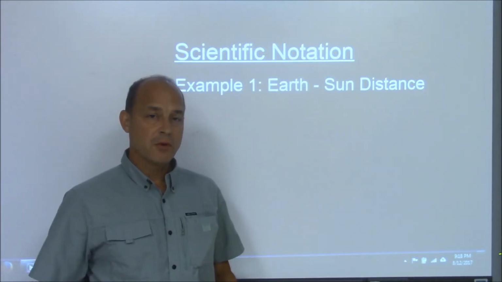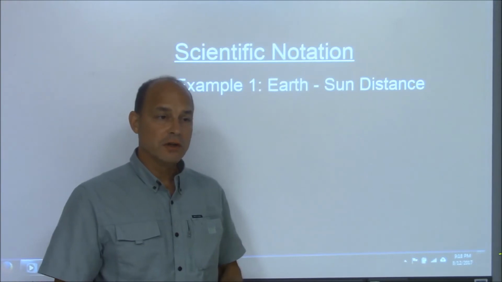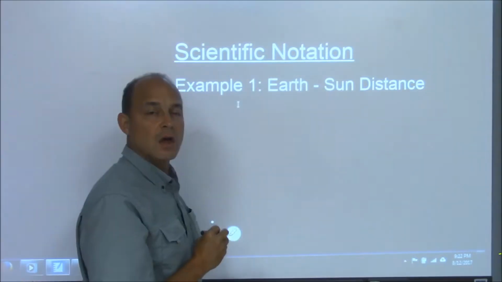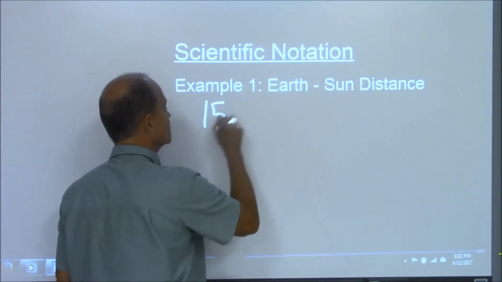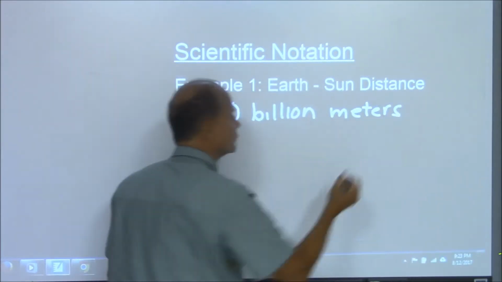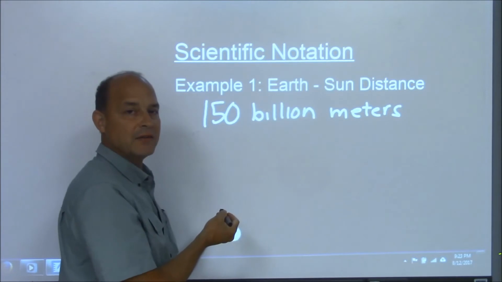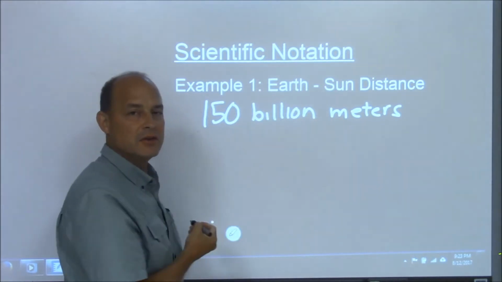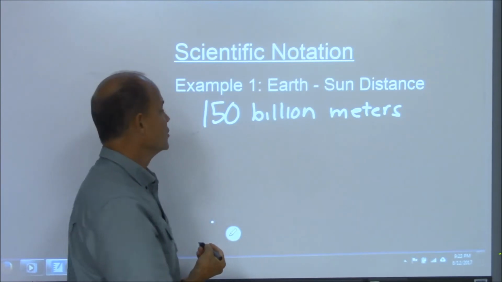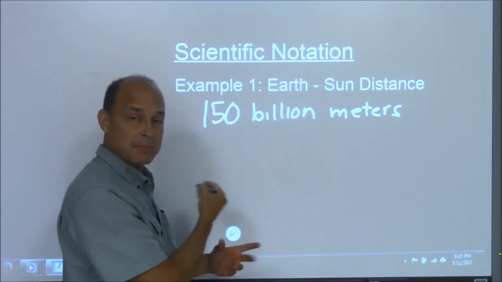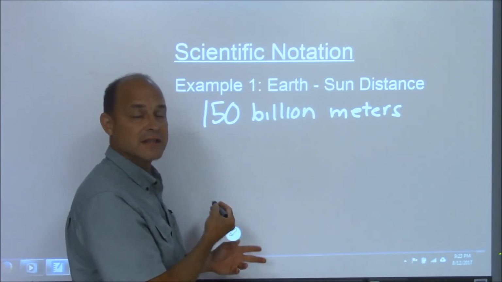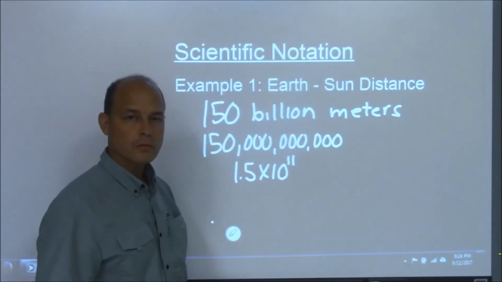If you started your project and you Googled distance between the Earth and the Sun in meters, Google would show you this. Now, that's what we asked Google, and Google gave us the right answer, but that's not very useful if we have to do math. So we need to either expand that number or we need to write it in scientific notation.